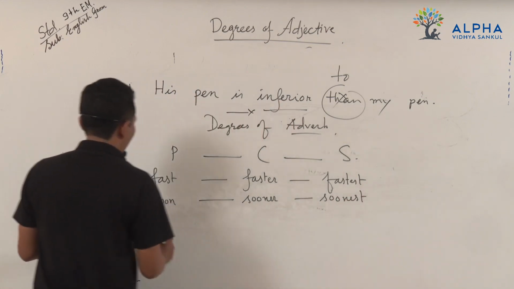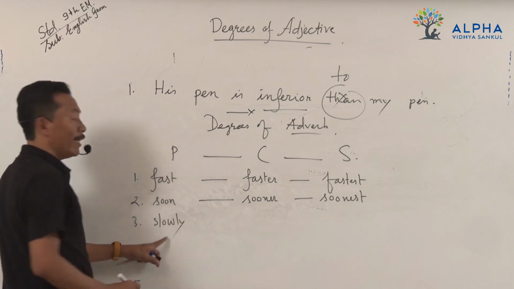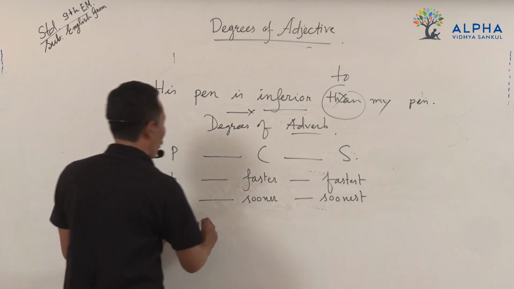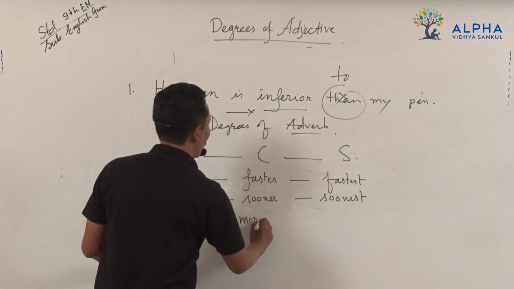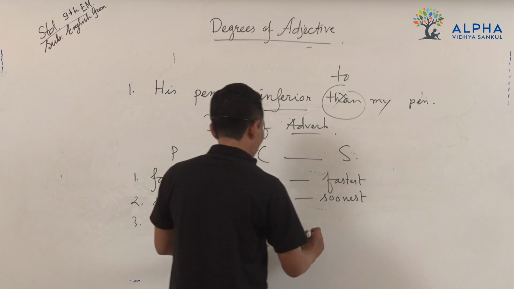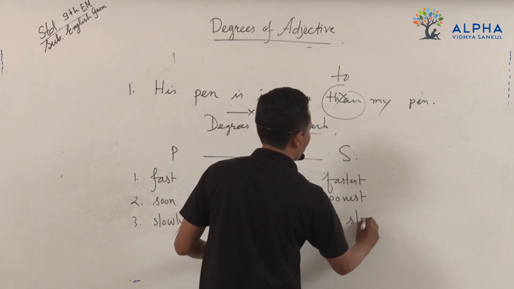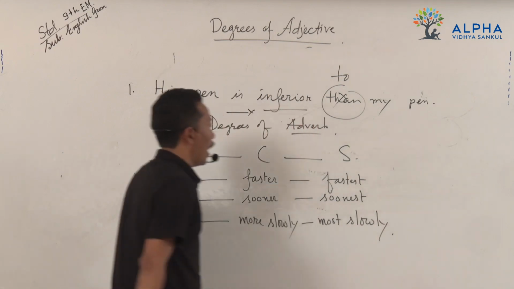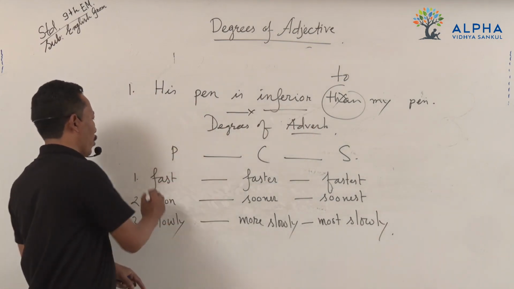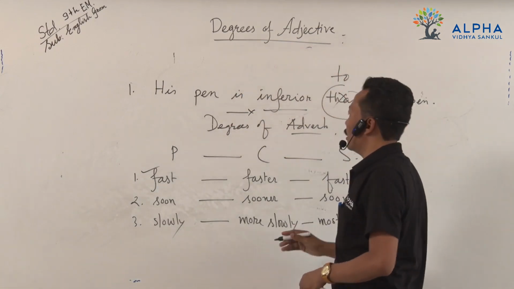Okay? And sometimes slowly. And it has 2 syllables, then what will be here? More slowly and most slowly. And these are the what? The degrees for adverbs. The adverbs of degree and the degrees of adjectives are same.